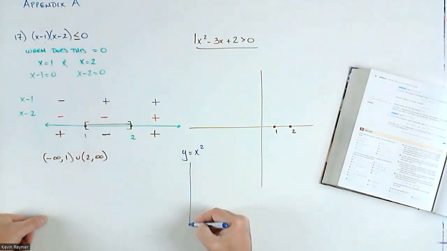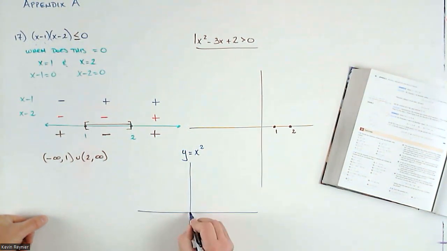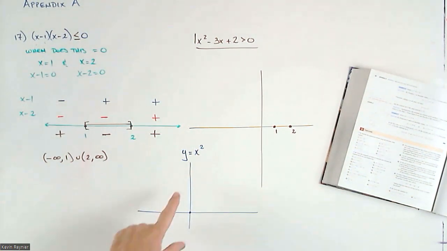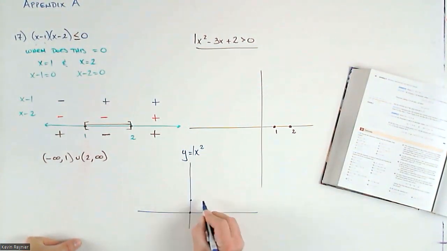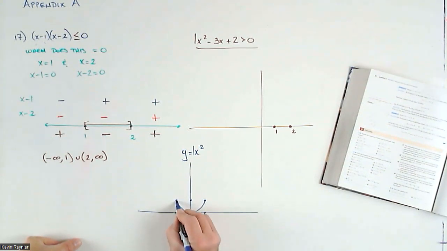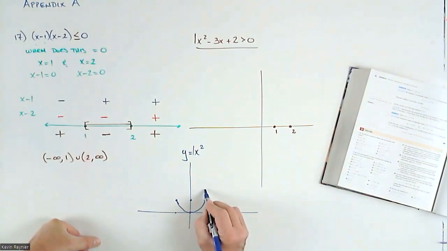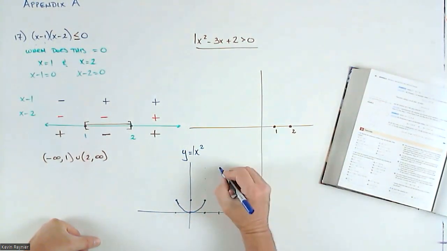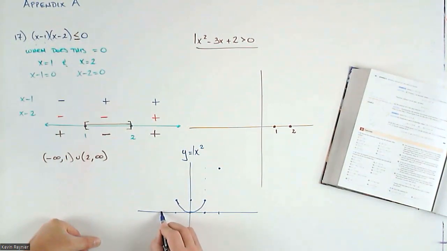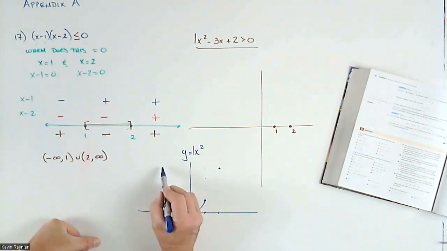What we need to know about the basic parabola is not just that it starts here and opens up. Yes, those are important facts, but they're not all we need to know. If this is a 1, your parabola goes over 1, up 1, and over 1, up 1. Over 2, up 4, and over 2, up 4.